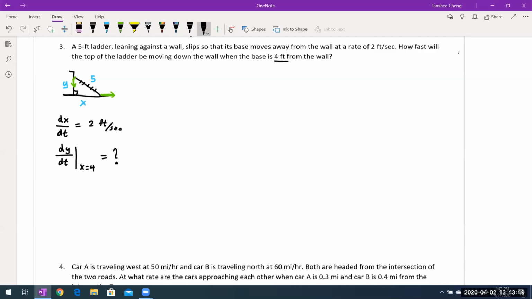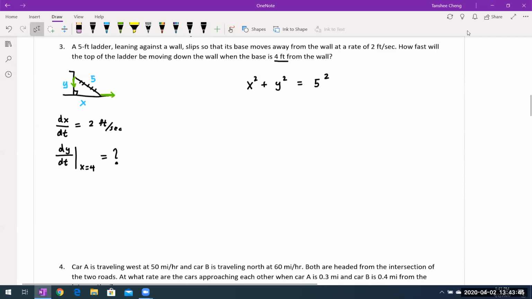So now, knowing this, to relate these two rates of change, we look at the equation using the Pythagorean theorem, which is x squared plus y squared equals 5 squared.